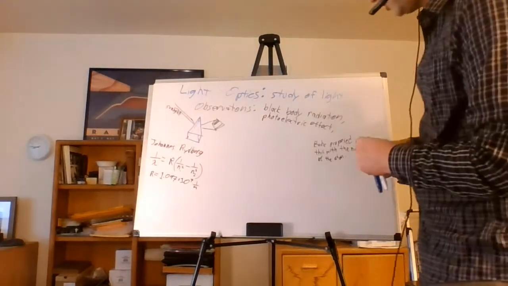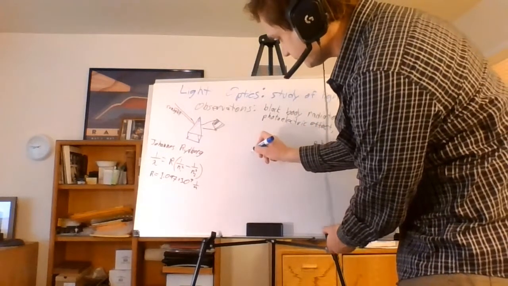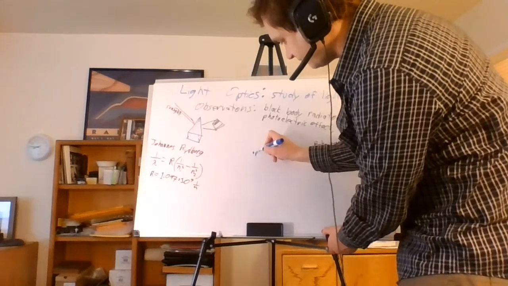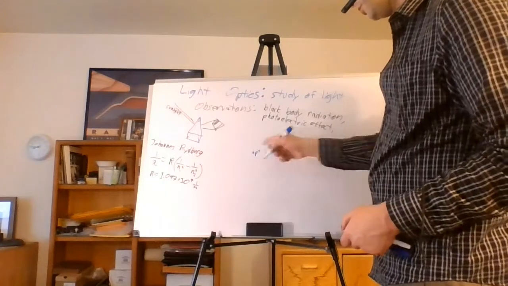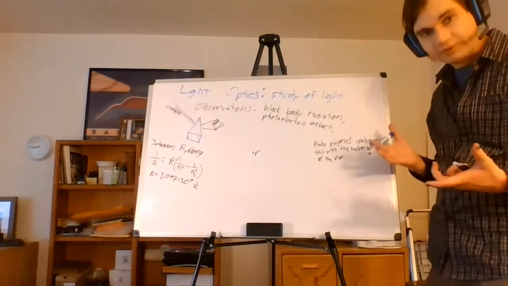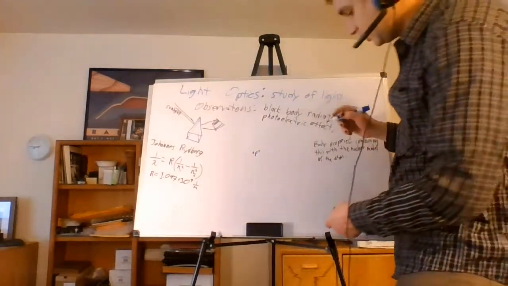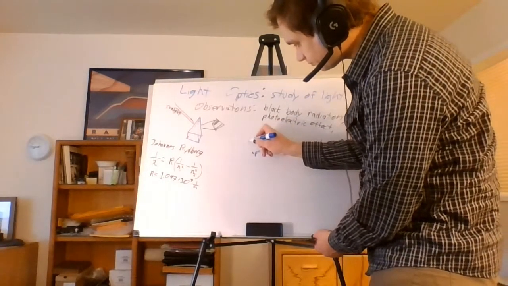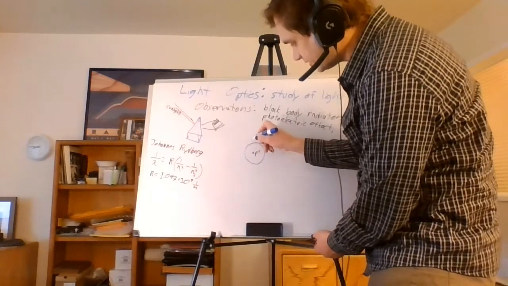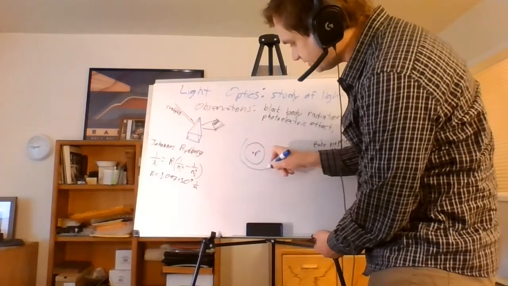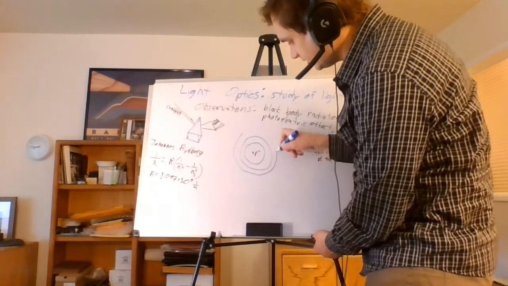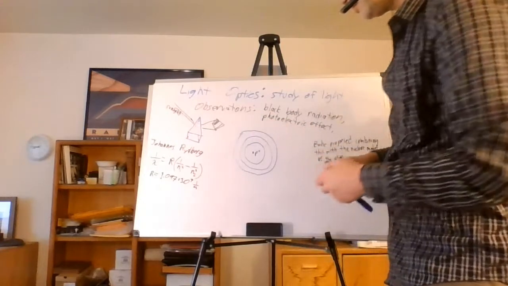So, from the nuclear model of the atom, we have the nucleus in the center, which in the case of hydrogen is just 1 proton. And then we've got the electrons going around it. Now, Bohr proposed, well, what if the electrons have only very specific orbitals that they can be in?